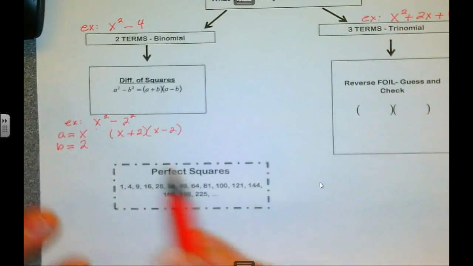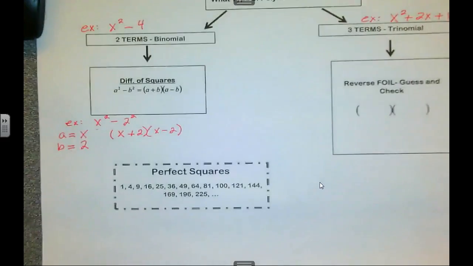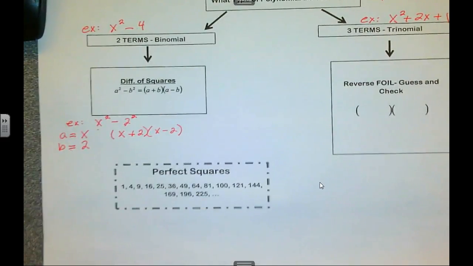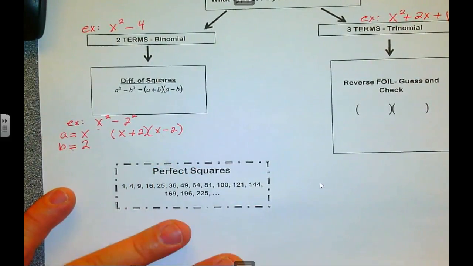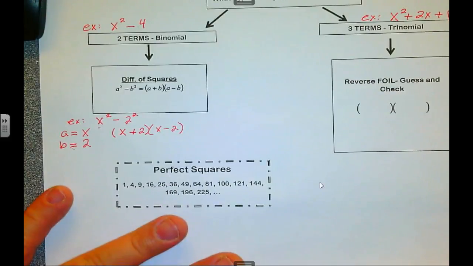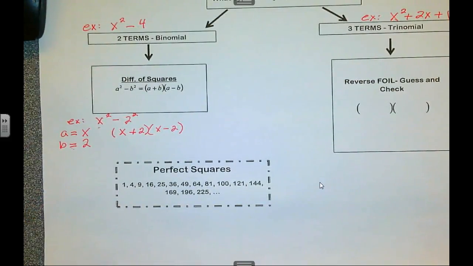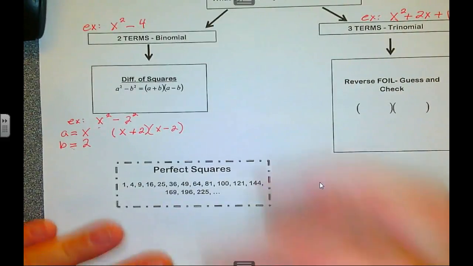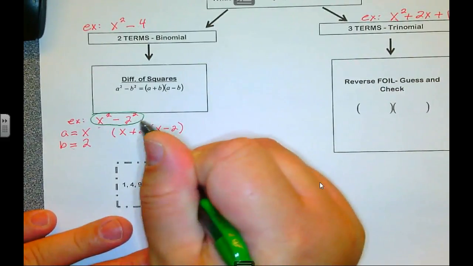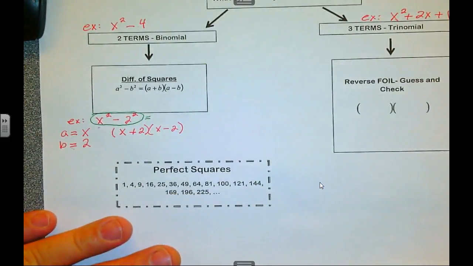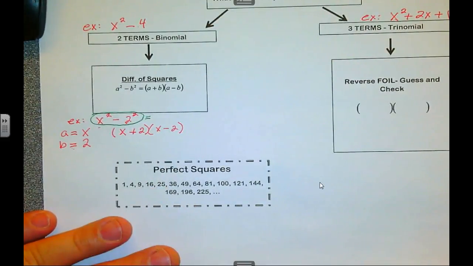Well, remember what factors are. There are two numbers being multiplied to get the product. I multiply two factors together to get the product. Now, this x squared minus 2 squared is the product. If I multiply these two factors together, I get the product.